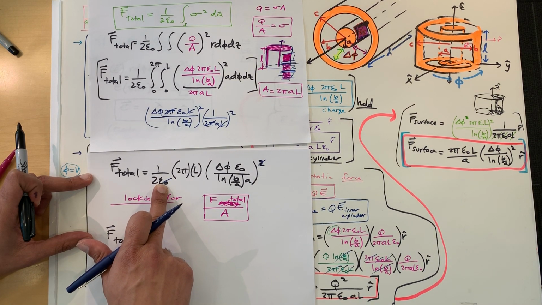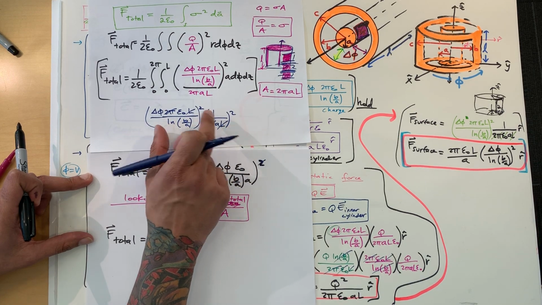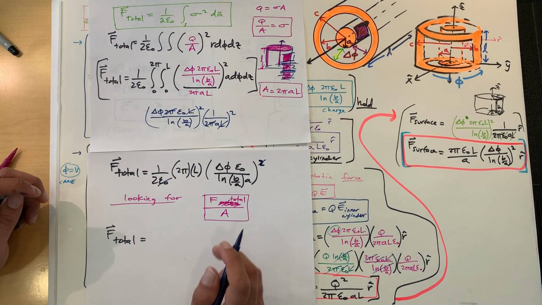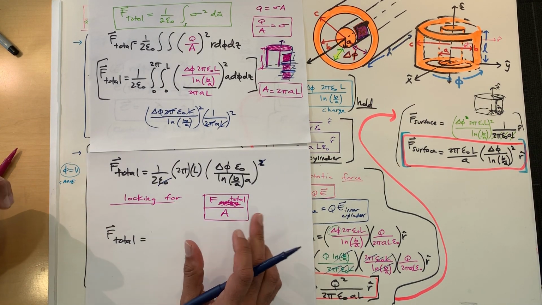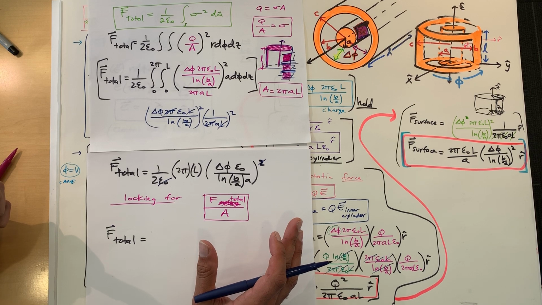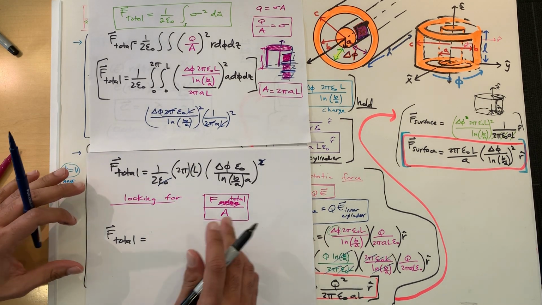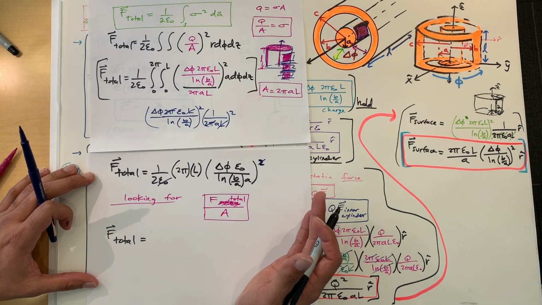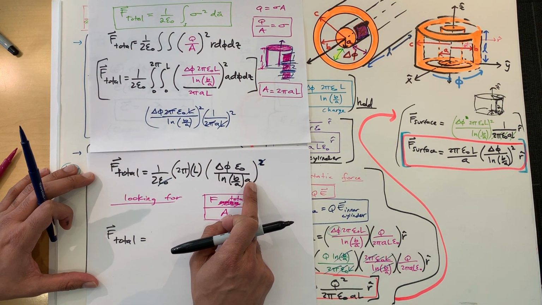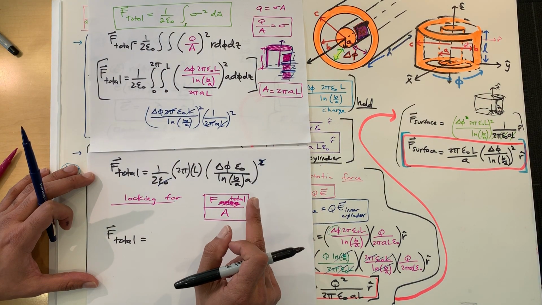It's squared. Okay, so there's an epsilon squared up there. So let's keep that epsilon there for now. Don't cancel anything. What I'm going to do first is take out this A.